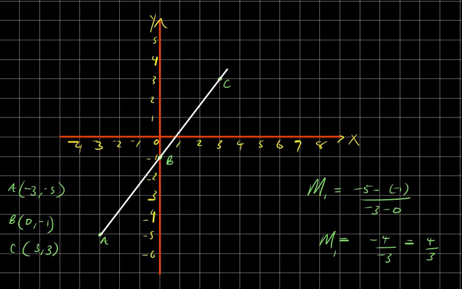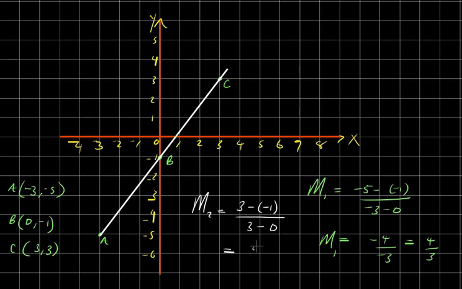How about our M2? Here M1 was for the line AB, so M2 is going to be for the line BC. Our Y2 is 3, then we take away negative 1, and our X2 is 3, then we take away 0.